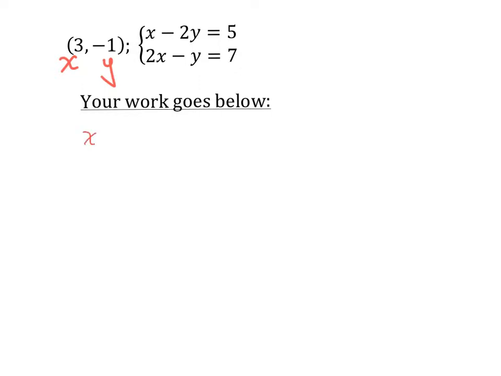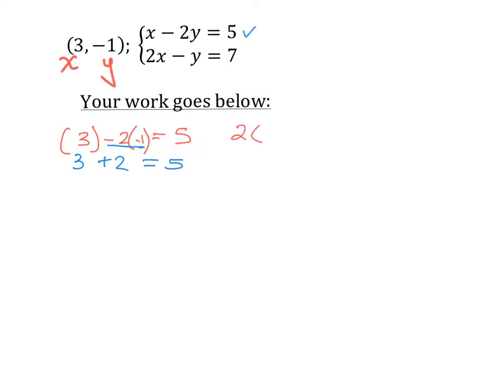If you know the first equation is x minus 2y is equal to 5, and x is 3, and y is negative 1, then when you do the work, you get 3, negative 2 times negative 1 is plus 2, is equal to 5. So we know it's a solution to the top one.